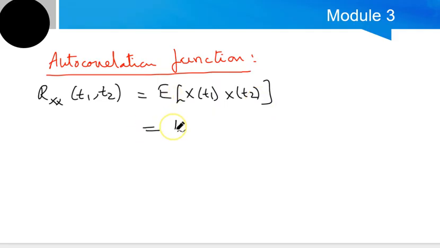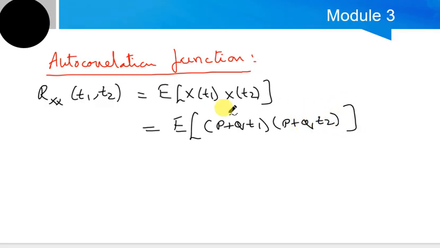This is the expectation of P plus QT1 into P plus QT2.